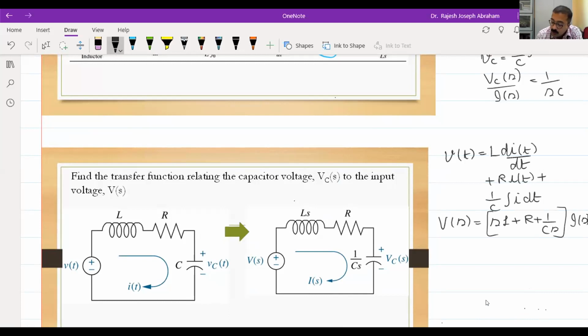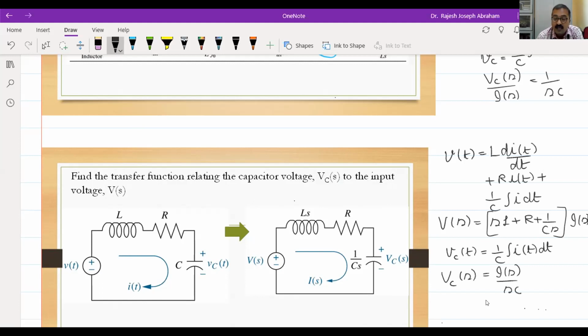Fine. So now, what will be the voltage across the capacitance C? What is Vc of t? Vc of t is nothing but we know 1 by C integral I dt. Take the Laplace transform. What will you get? Vc of s equals I of s by Cs. What is our aim?